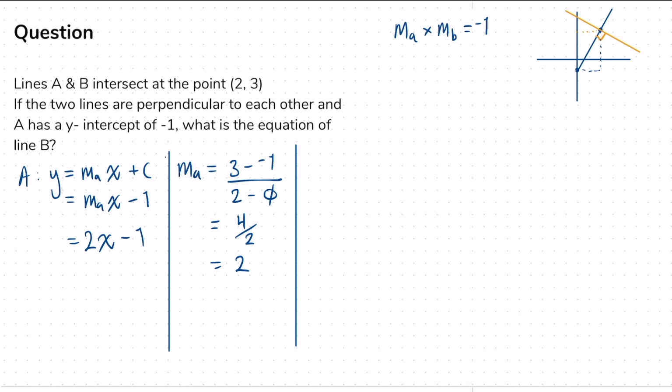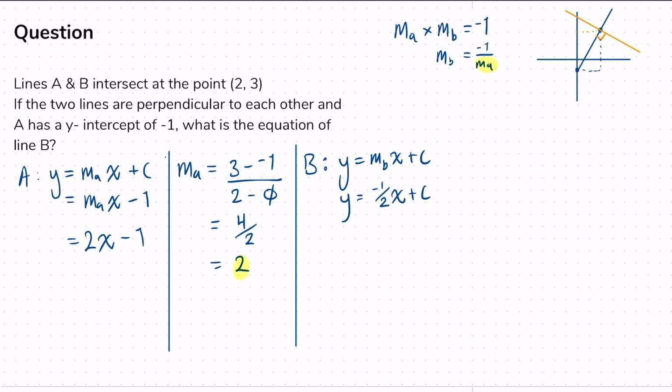Well, what about B? One way that I can think about B is y equal to mBx plus c. Now I don't know c, all I know is it's going to be more than 3, but I also know that the gradient of B is equal to -1 over the gradient of A. What is that? The gradient of A is 2, so this is going to be -1 over 2, right there.